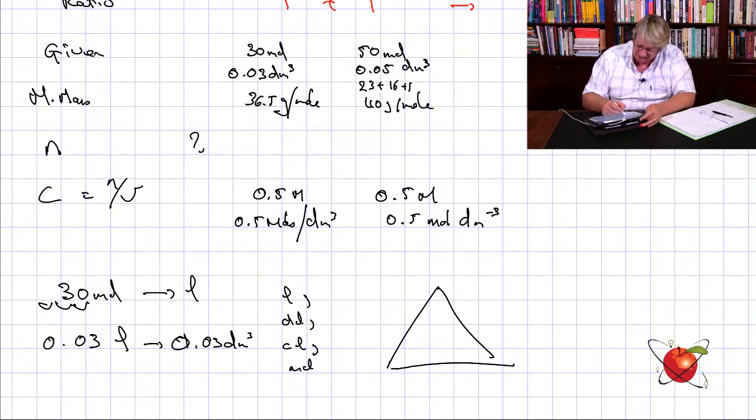That is going to be equal to 0.5 times 0.03, which is going to be equal to 0.015 moles. So we've added our 30 mL. That has given us 0.015 moles.